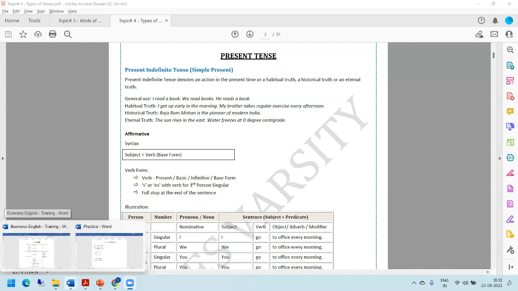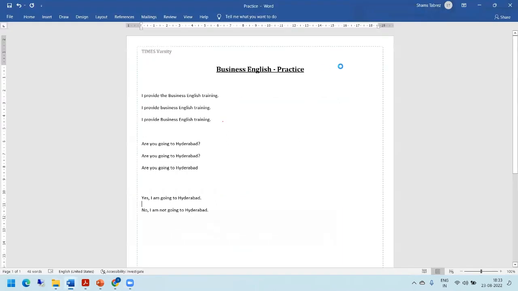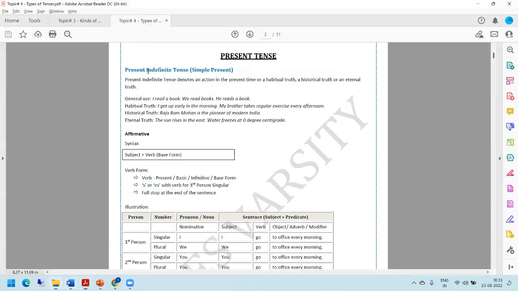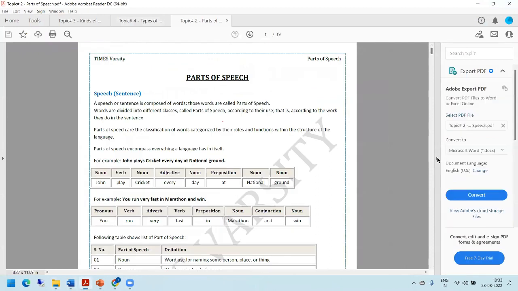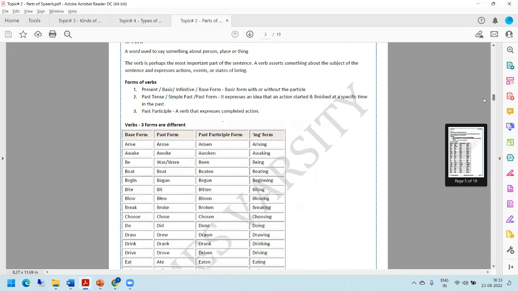In our parts of speech PDF, we discussed verbs and the four forms of verbs.